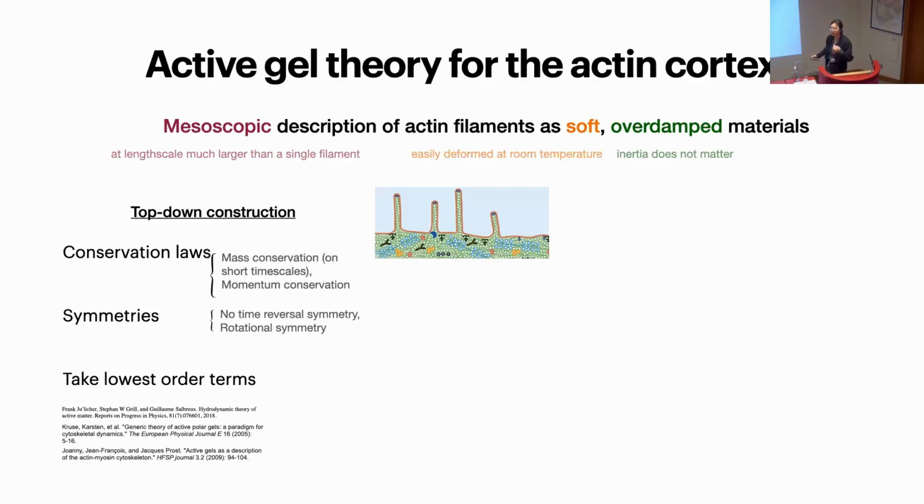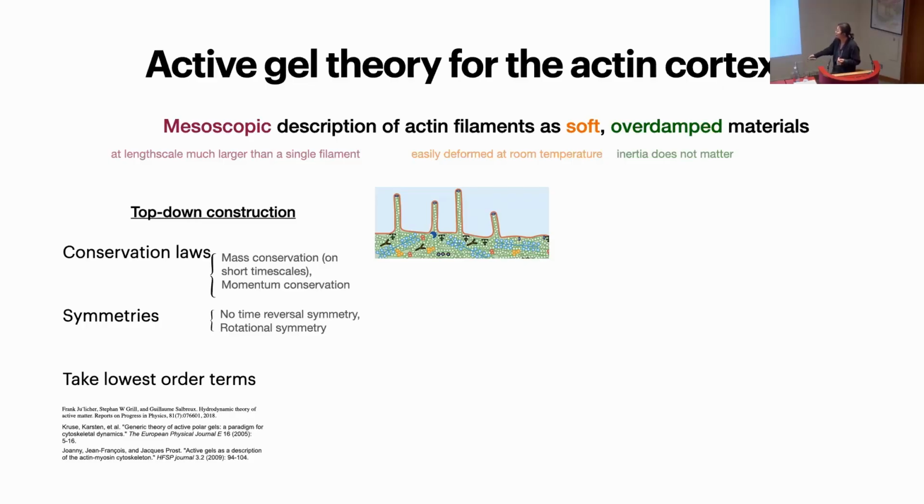And then we also think about the symmetries we have in the system, which is importantly rotational symmetry and translational symmetry, and also importantly the lack of time reversal symmetry, because this contraction by the myosin walkers is highly active and highly non-equilibrium. And then we could take the lowest order terms in the density and the gradients, and this gives a theory.